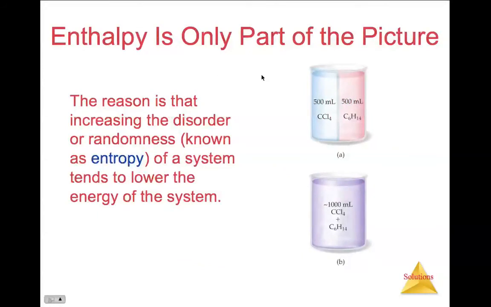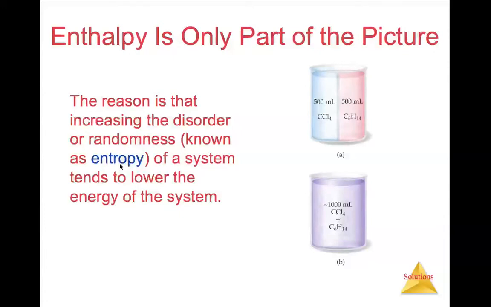The reason is that increasing the disorder or randomness of a system tends to lower the energy of the system. This increase in disorder or randomness is called entropy. We'll learn a lot more about entropy and the mixed-upness of a system in chapter 19.